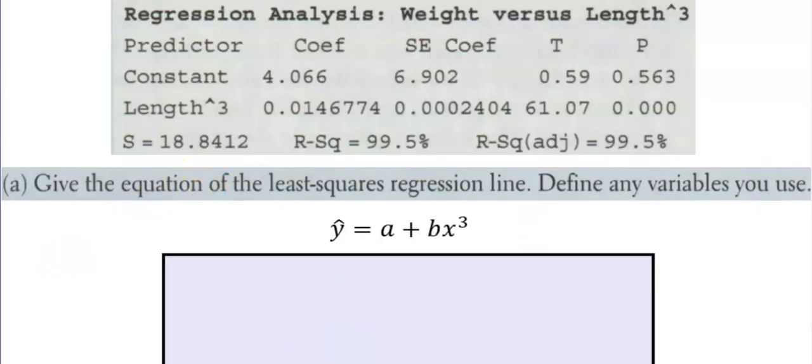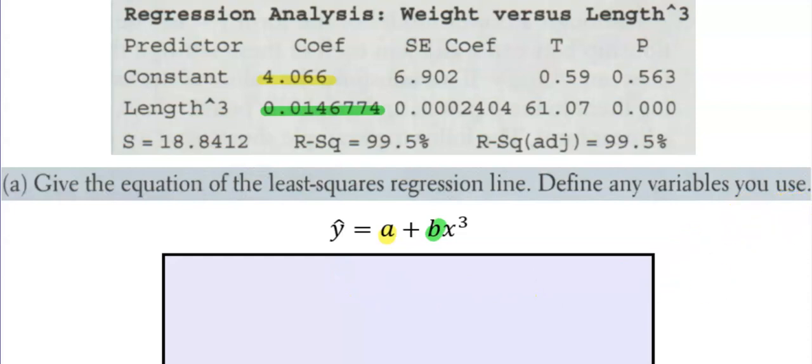Alrighty, so if I asked you to make, given the equation of the least squares regression line, I said do this. So remember, A is my constant. A is the constant. B is the coefficient of x cubed, and it's labeled for me right there.